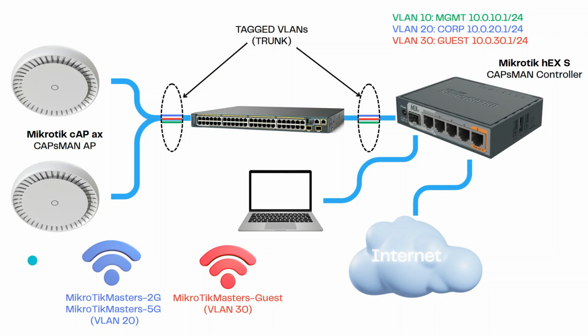So client A connects to 2.4, client B connects to 5 gig. They can then communicate within the hAP itself, the CAP itself rather, so the access point itself. So that traffic never even leaves to go to the router.